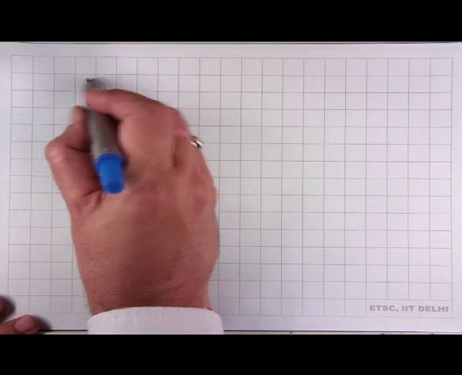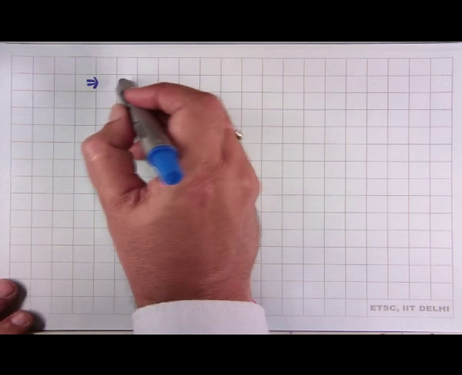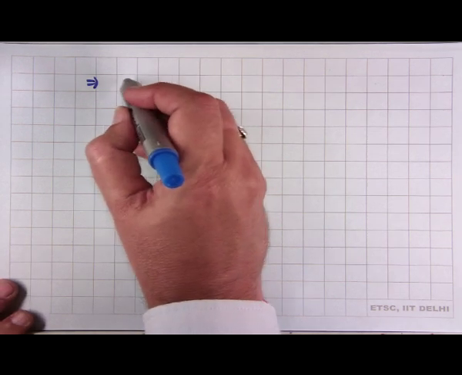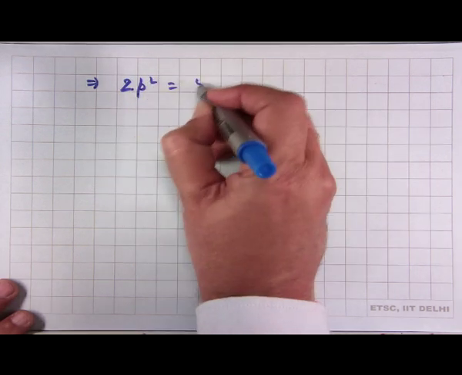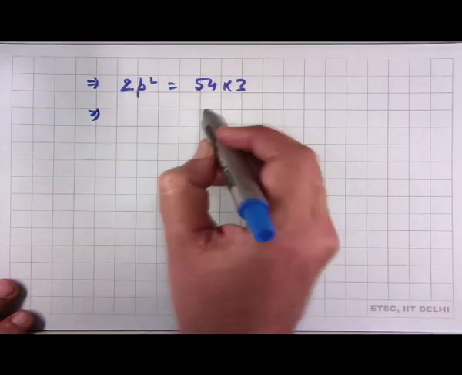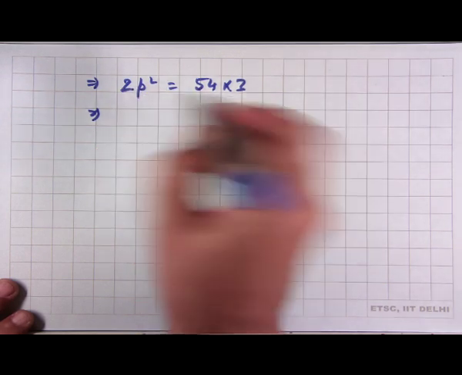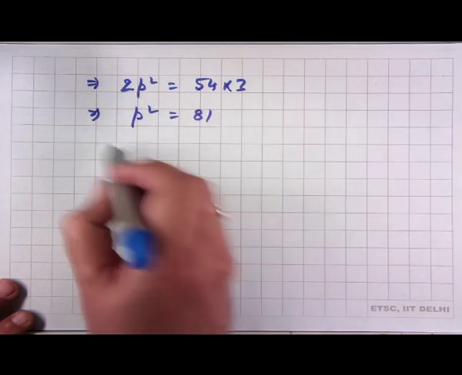This implies 2p squared is equal to 54 into 3. This implies p square equal to 81.